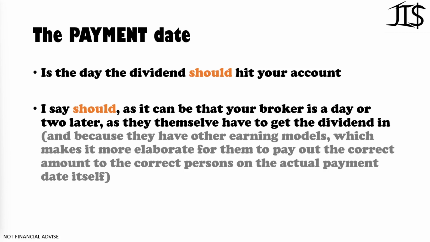So they really need to keep track of every stock that they actually should own so that they report it correctly and that they receive the correct money as well from the people that they lend their stocks to. So that's really intricate, and that's a reason why some brokers are later in paying out than the actual pay date.